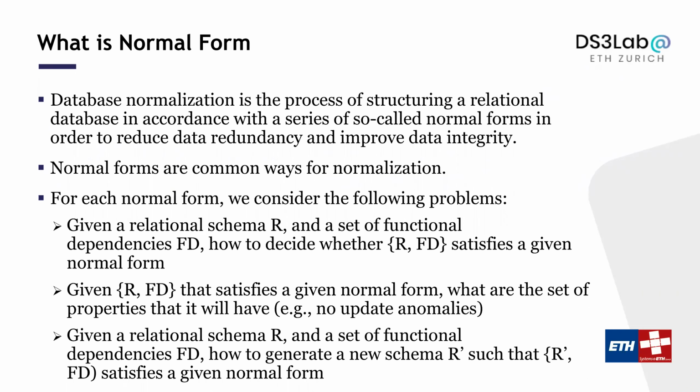The third question is: if you give me a relational schema R and a set of functional dependencies FD, how do we generate a new schema R prime such that R prime and FD satisfy a given normal form? For each normal form, we care about these 3 different questions.